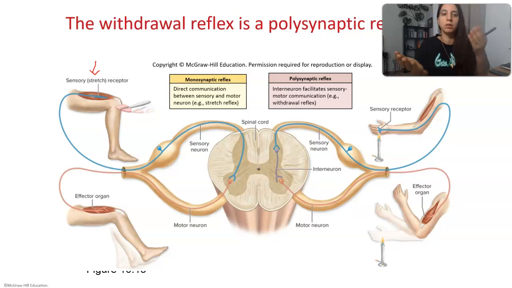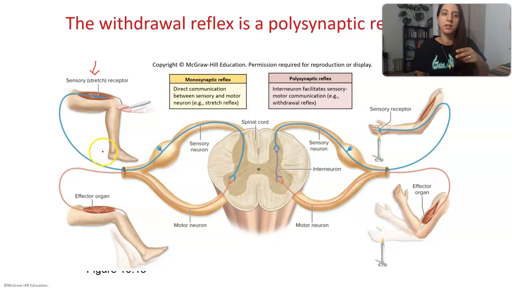So ipsilateral versus contralateral means receptor and effector are either on the same side, ipsilateral, or on opposite sides, contralateral. You may or may not need one or more synapses to carry out the reflex.